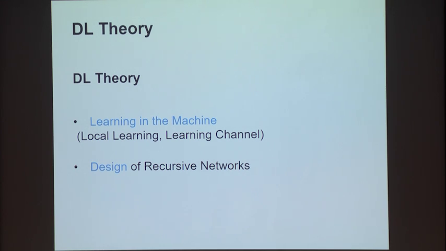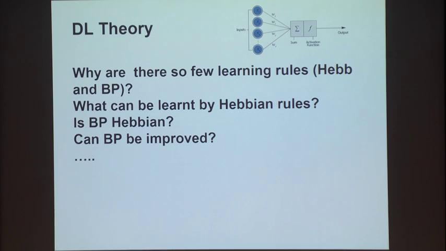So the first little piece I'm going to show you is what I call learning in the machine, which is a way of looking at neural networks where you really take into account the physical constraints of the world in order to better understand the constraints on learning in biological or in neural networks.